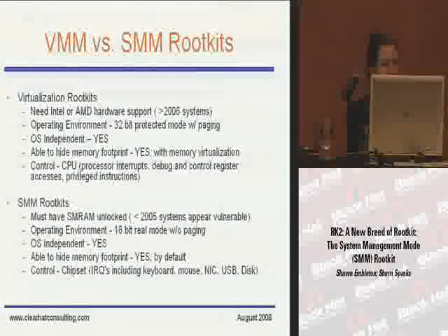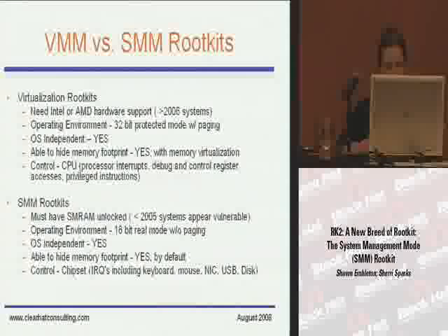It tends to intercept more CPU-type events like processor interrupts, debug and control register reads and writes, or accesses to privileged instructions, where the SMM rootkit is limited to control over the chipset and doesn't really have that much control over events on the processor. But as we saw, we can still exert quite a bit of control over hardware. We showed the network card and the keyboard. We can reroute their IRQs in the APIC, for example.